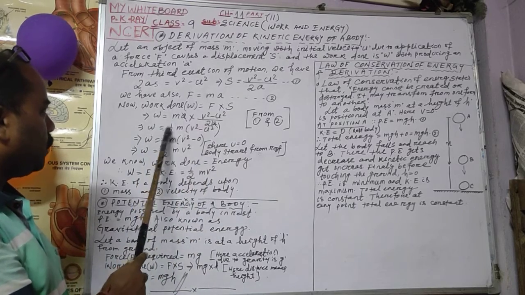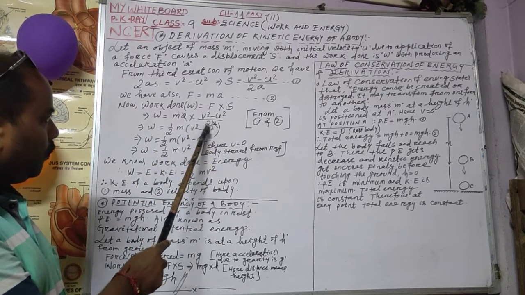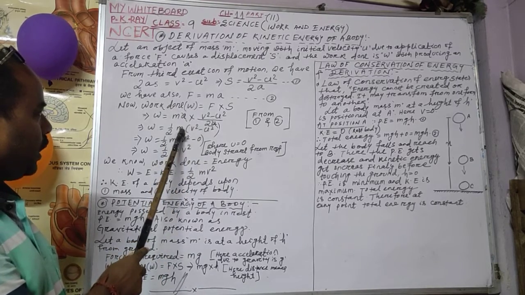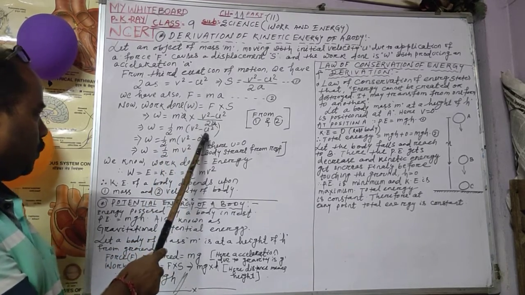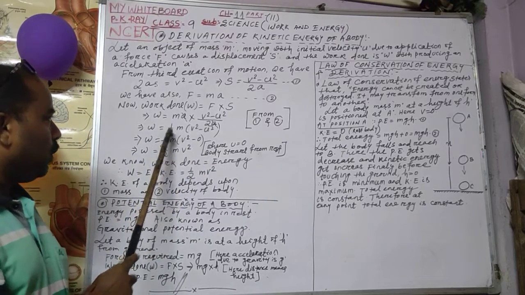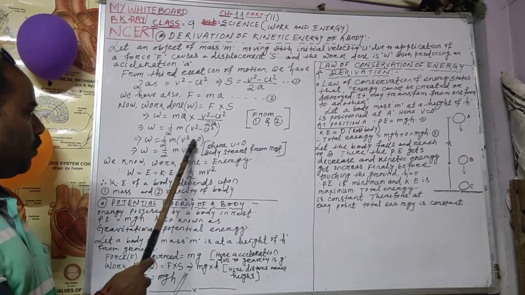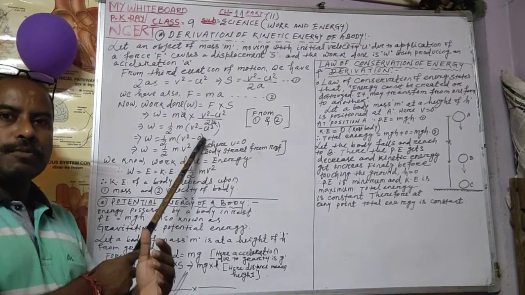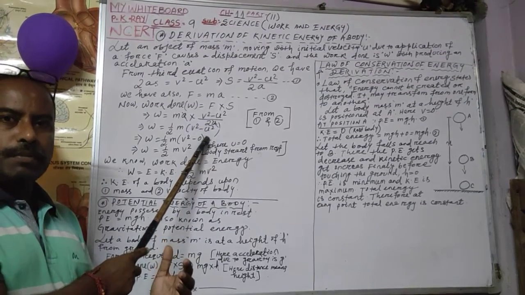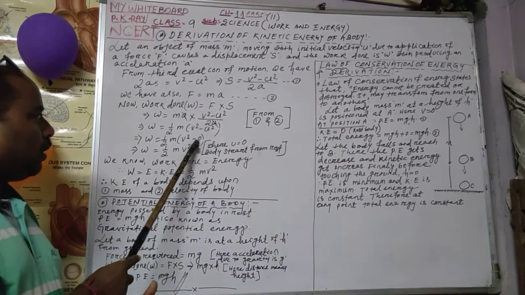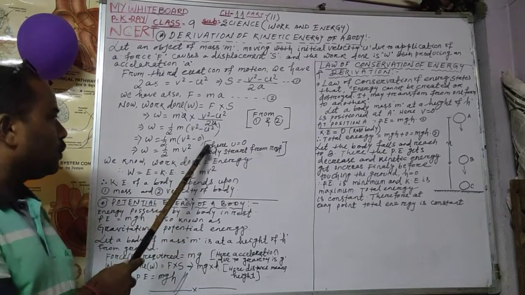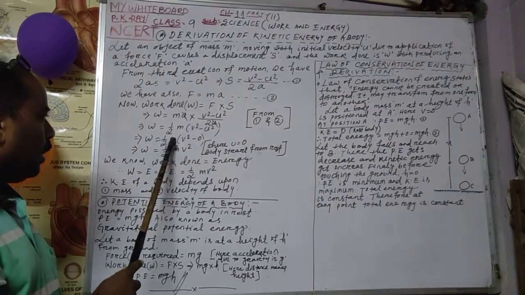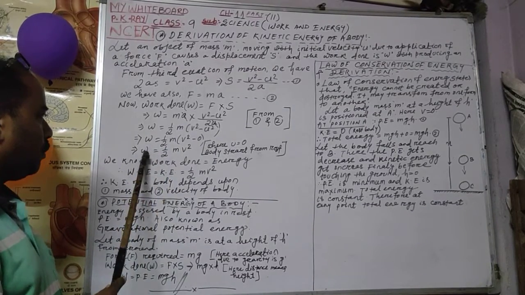So W equal to, a cancels, then downside 2 is there, we can take as 1 by 2, m is there, m into v square minus u square. Then W is equal to 1 by 2 m v square minus u square, where u is equal to 0 here because the body starts from rest. When the body starts from rest, the initial velocity is always 0, so that is why v square minus 0. So W is equal to 1 by 2 m, only v square is left.